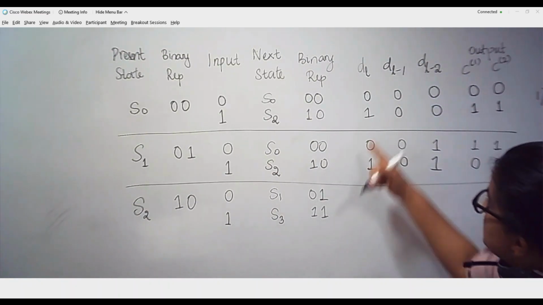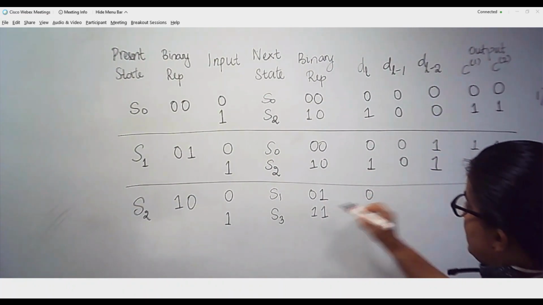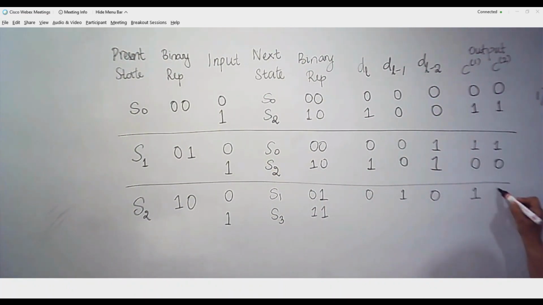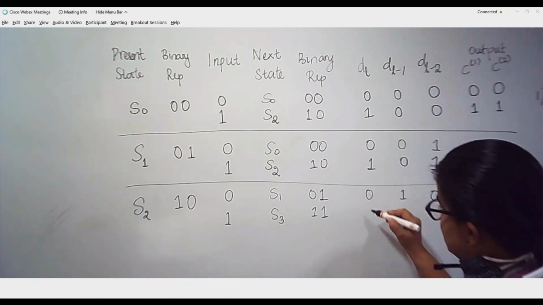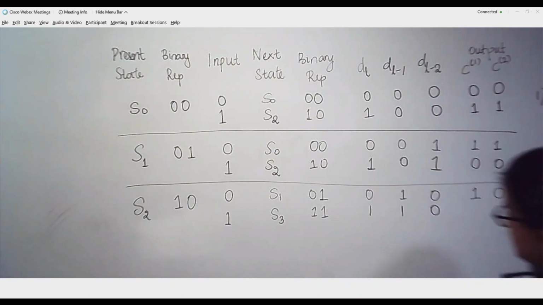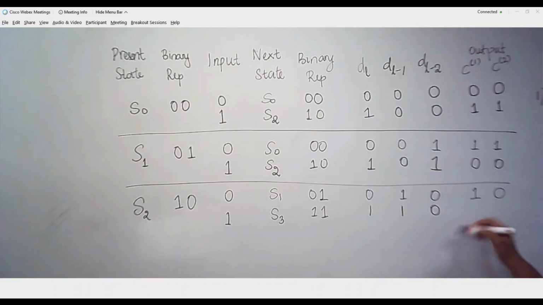Look at this. DL is 0, the previous two bits are 1, 0. What will be the output? This is 1 and this is 0. In this case, the current bit is 1 and the previous two bits are 1, 0. If you add, you are going to get a 0 and a 1.